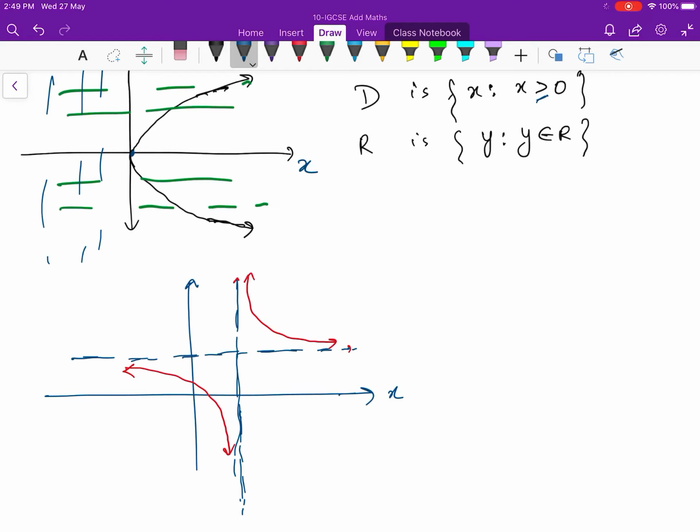So this is the main graph, actually the graph of a relation.